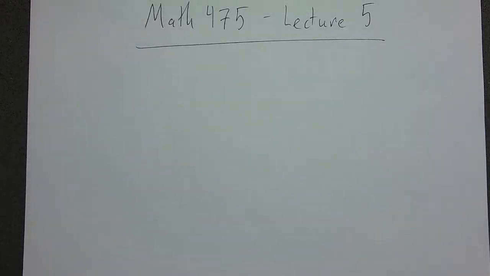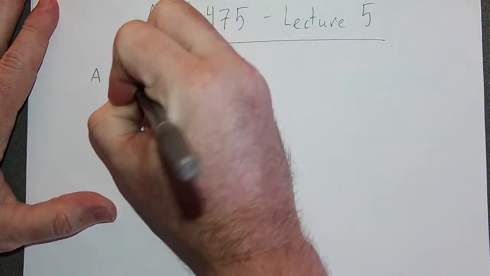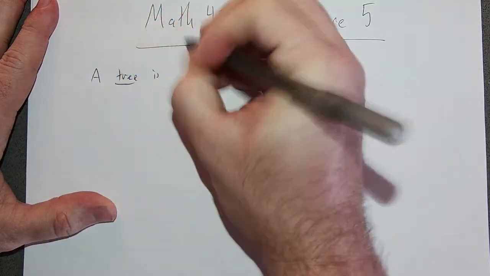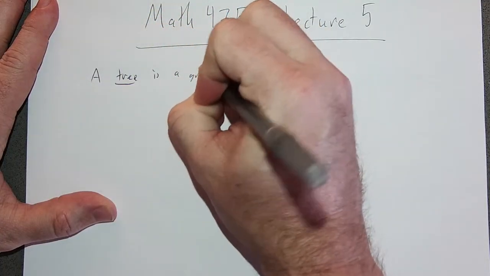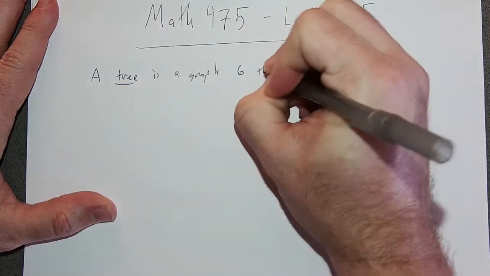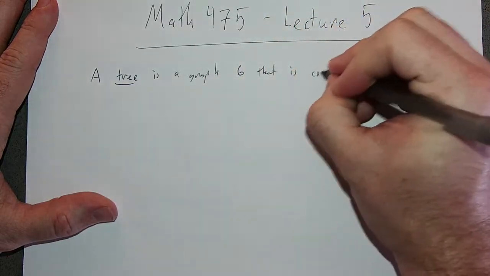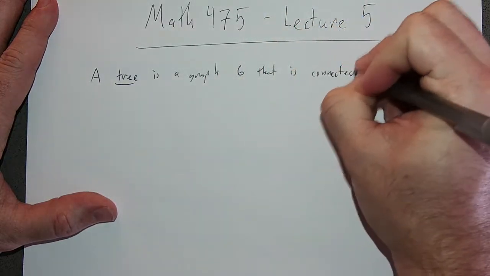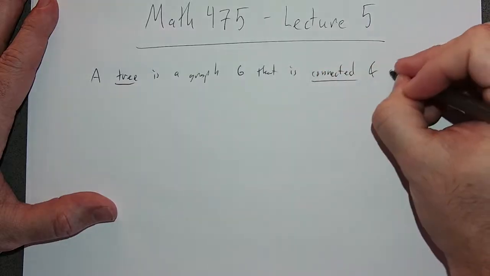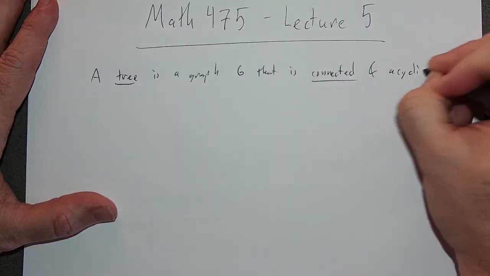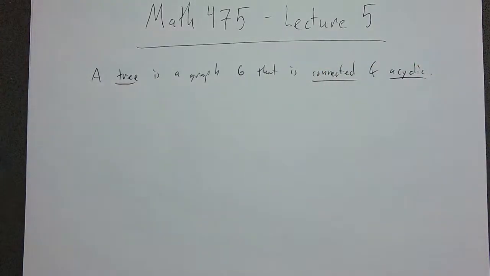But as I wrote before, a tree is a graph G that is connected and acyclic. So it contains no cycles.